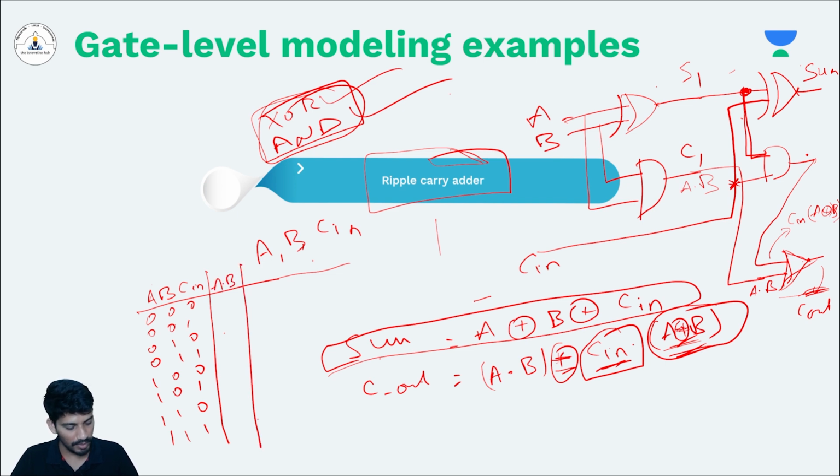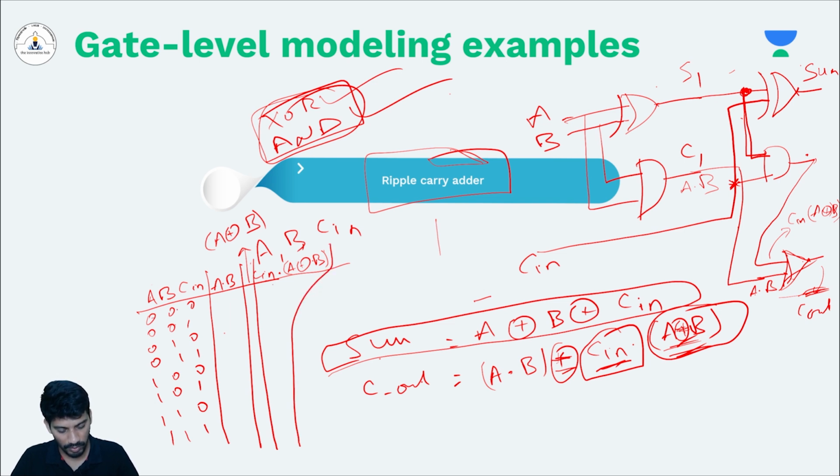This is A dot B, and this is Cin into A XOR B. So we require an XOR gate operation also. I am drawing A XOR B, and this is Cin into A XOR B.